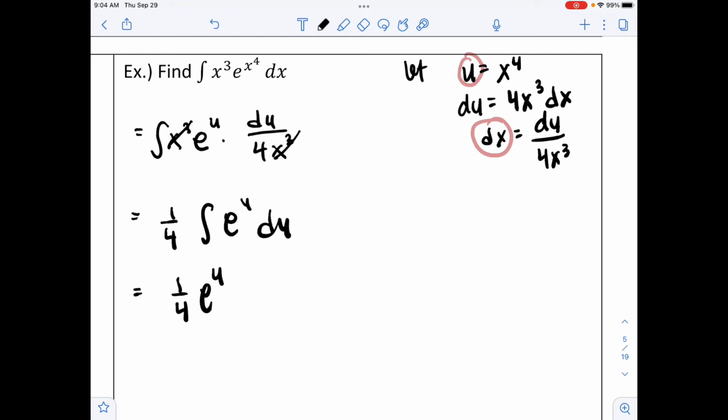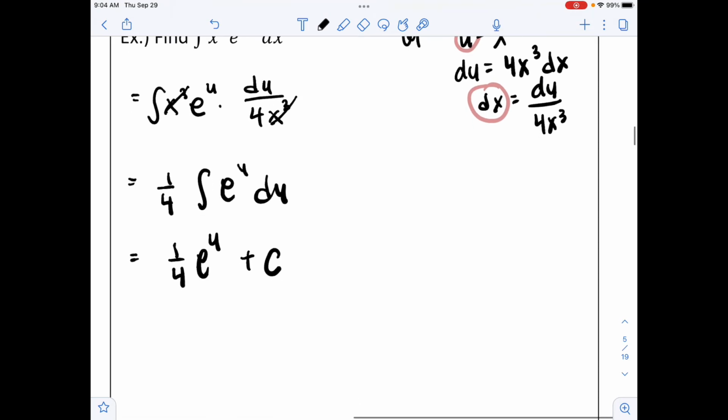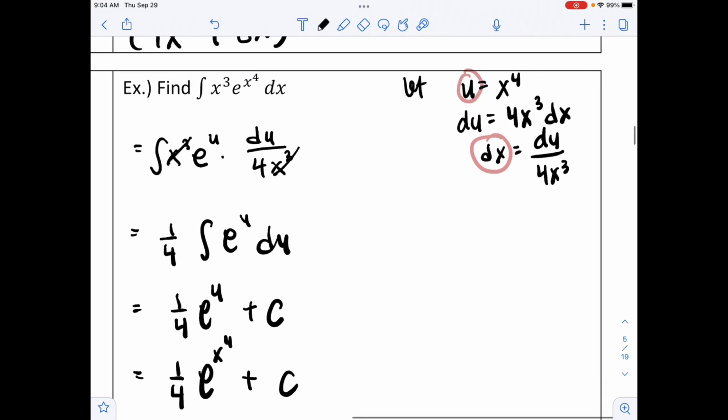And then don't forget to add your plus c. And then again, back substituting because we don't want to have our answer in terms of u, we get 1/4 e to the, and u is equal to x to the 4th, plus c. And so again, this is your answer. However, you can also check.